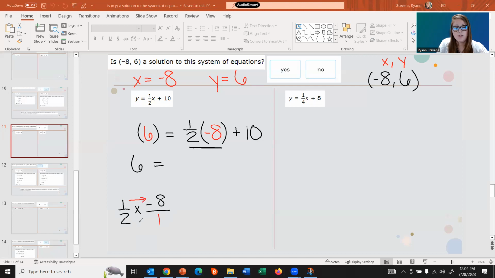We would just multiply straight across. 1 times -8 is -8, and then 2 times 1 is 2. And now anytime we have a fraction, we can also look at this as a division problem. So we can say -8 divided by 2, which would give us a -4. Okay, so this is going to result in a -4 plus 10.